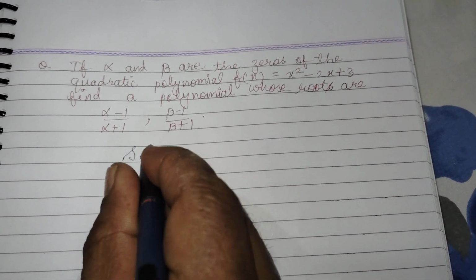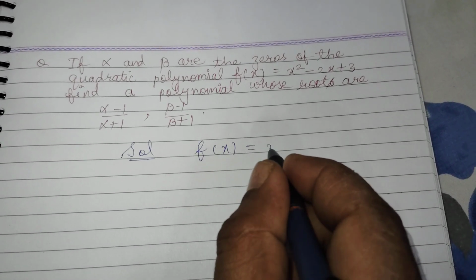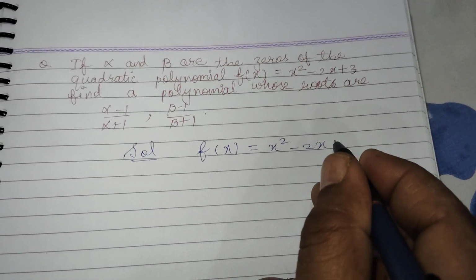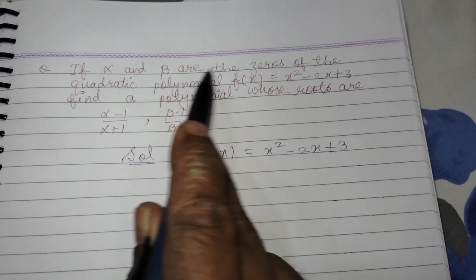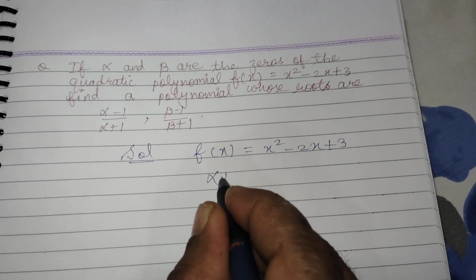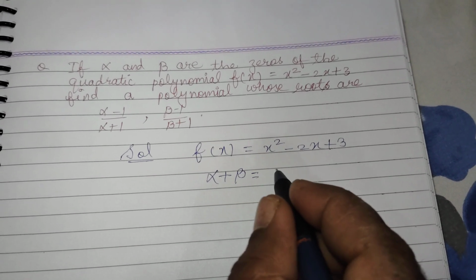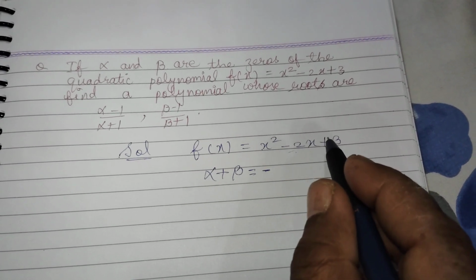In this polynomial, f(x) is x² − 2x + 3. Alpha, beta are zeros of this polynomial. The relation between the roots: sum of roots is −b/a. Here a is 1, b is −2, c is 3.